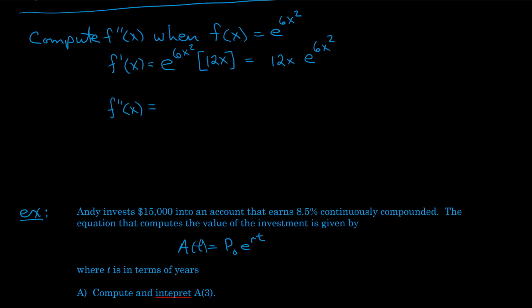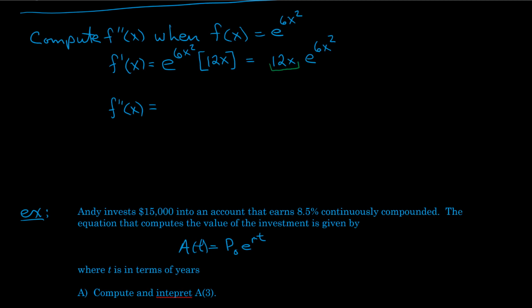Let's look at our original function. Our original function in this case is the first derivative. The 12x is going to be f. The e to the 6x squared is going to be g. So when we do the derivative, we want to use the product rule. The derivative of the 12x is going to be 12.